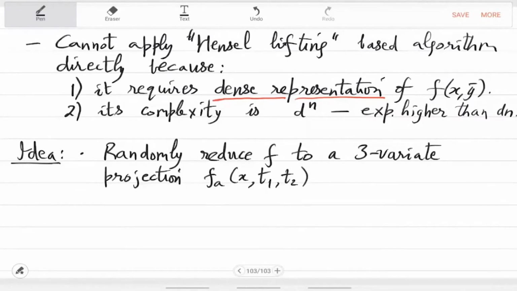The x we are not changing, but y1 to yn we are changing to bivariate. The projection will be quite simple. We are replacing each yi by just a linear function in T1, T2.